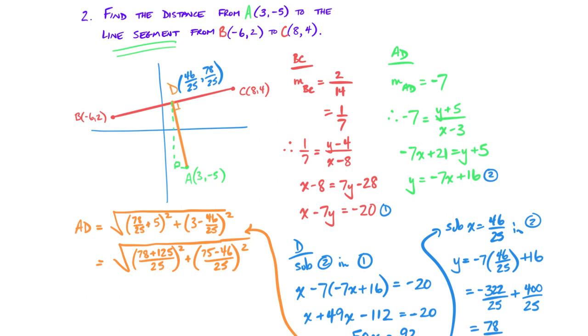What I now need to do is simplify the tops of both of those fractions. So I am going to take my 78 and I'm going to add to that a 125. So that is going to get me 203/25ths. And then on my other fraction, I need to take a 75 and minus that 46. So there is a 29/25ths.